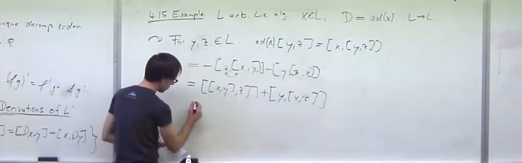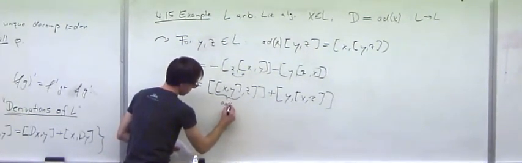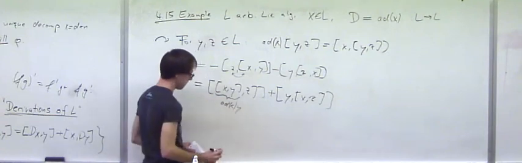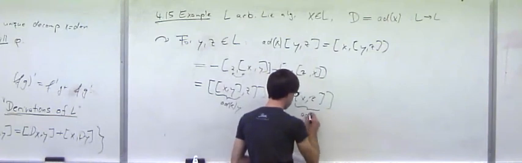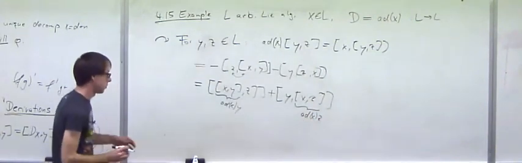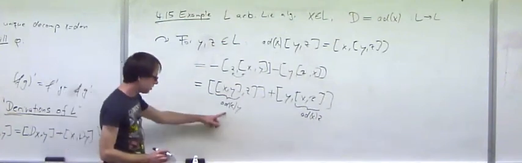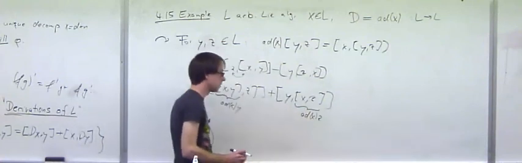And I just notice that this is ad x applied to y, and this is ad x applied to z. So this is exactly what we want: D[y,z] = [Dy,z] + [y,Dz].